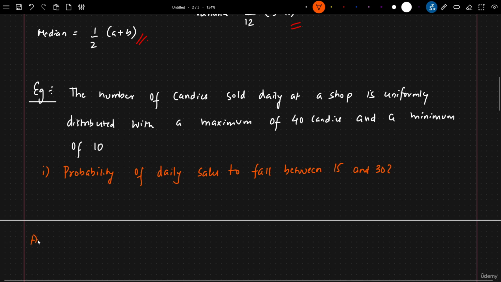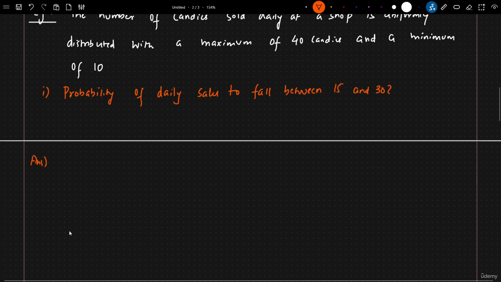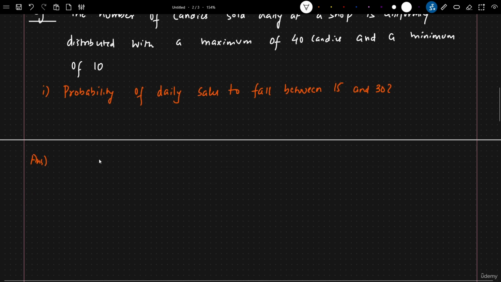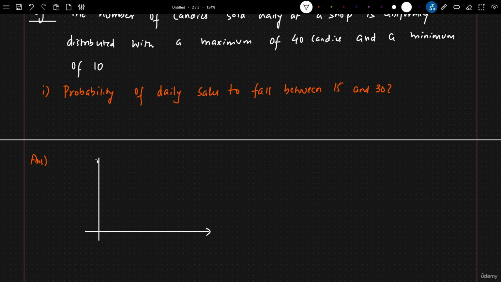In order to solve this, first of all, we will construct this particular graph, the distribution, by using the PDF. So this will be my number of candies sold, which will be my X value. Here your minimum value is 10 and your maximum value is 40, and your number of candies is between this value and this value.